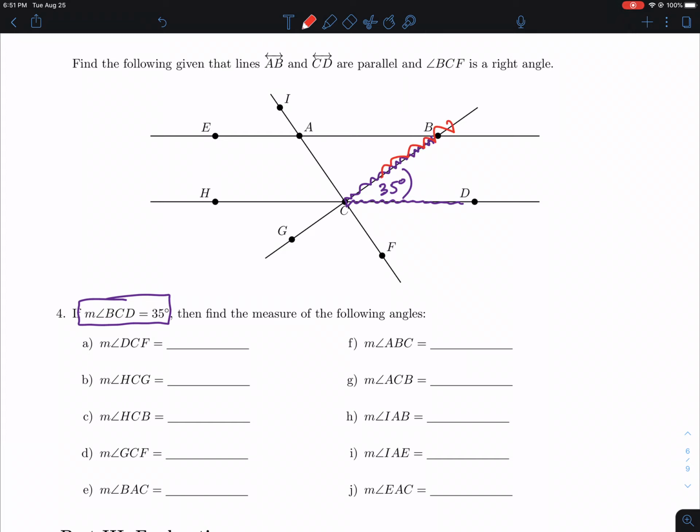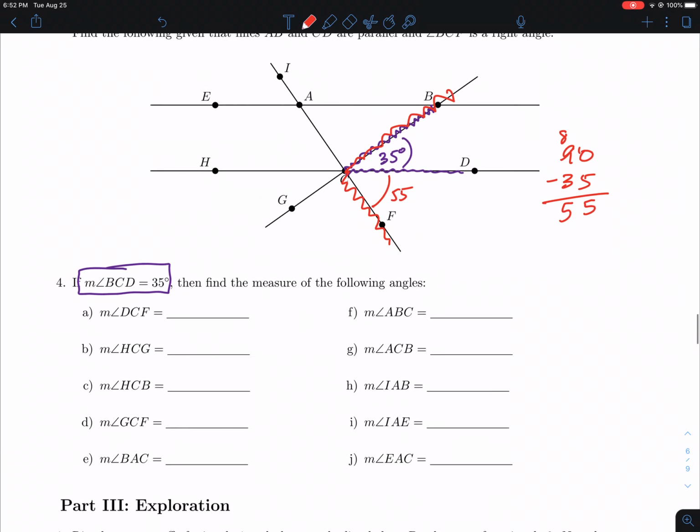Since I know this guy is 90, but I know this little part of it is 35, that means I can figure out this section by just doing 90 minus 35. So I'll make an 8, so that'll become a 5. That gives me 55 for the measure of angle DCF.